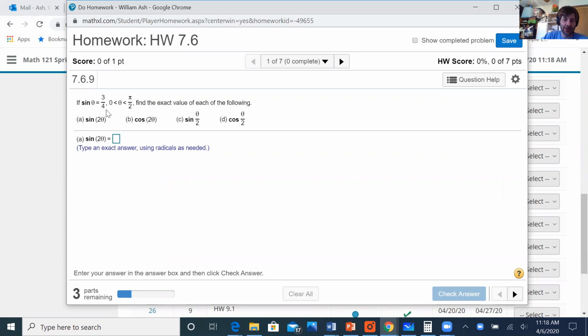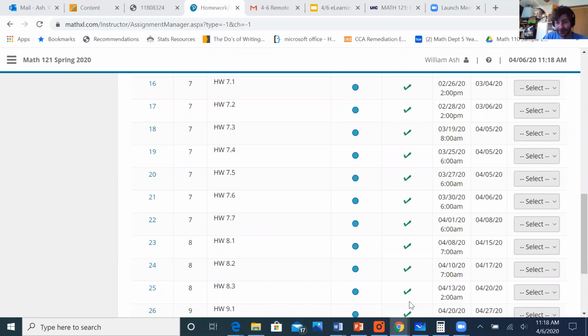So sine of theta equals 3/4. They tell you where it is, and then I want to find the rest of these. So let me get this over here so I can still be looking at it.